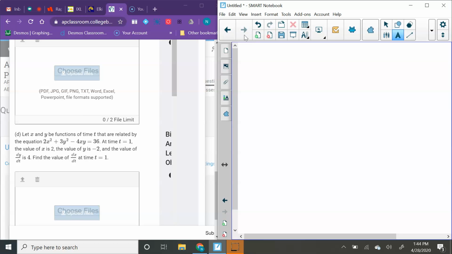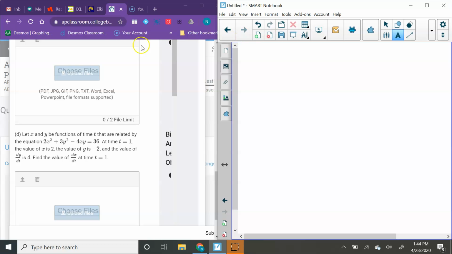So this is a creative question, and this is one of the questions that was flagged in AP Classroom for you to pay close attention to. Especially with them really trying to condense the test, I could see how this would be a really good question to put on there, because they can ask you implicit differentiation questions with it, but they can also ask you related rates problems with it.